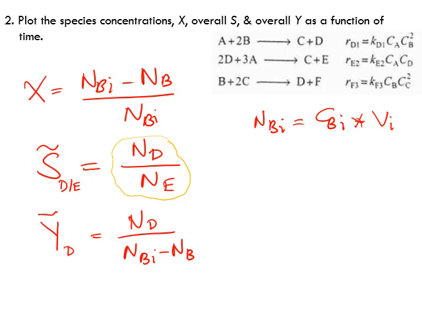So you need to use an if statement. You say this is the definition of S tilde if N is greater than 0. However, else, if t is 0, then you give it any value that you don't care about.